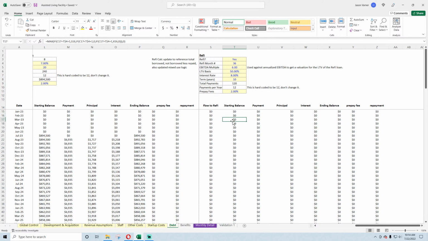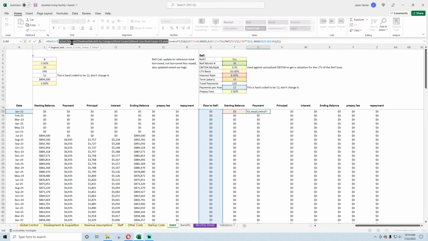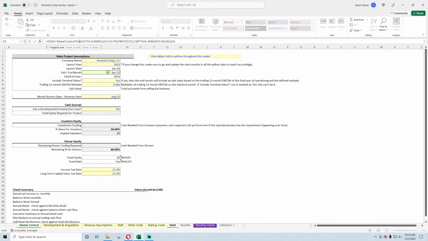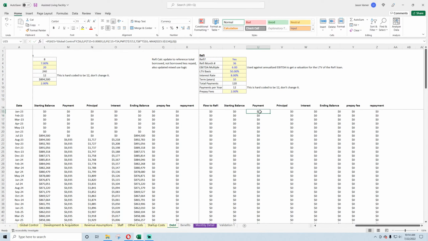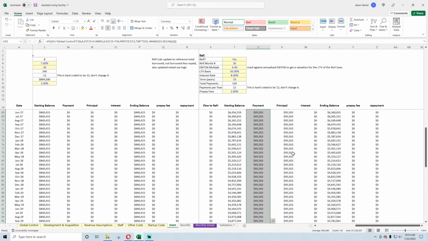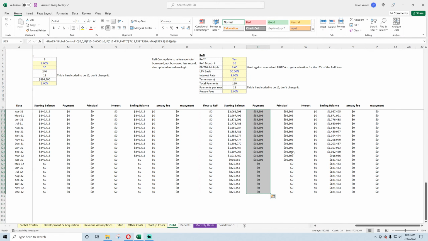So starting balance looks fine. Payment, yep. Okay, so here, this is referencing the old version, but still we got to clear that out. And then this is going to be end, referencing the end month here. Okay, good. So that's working.